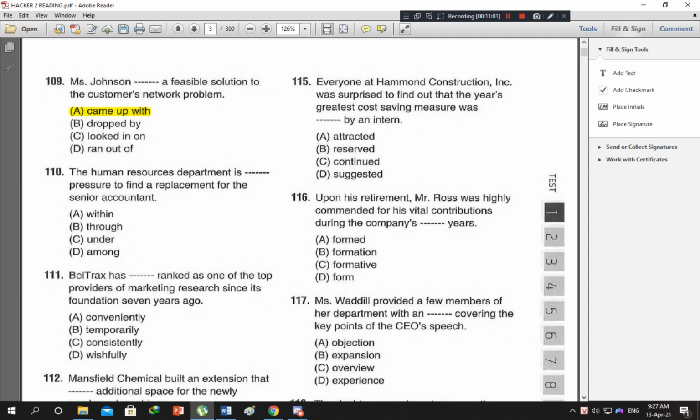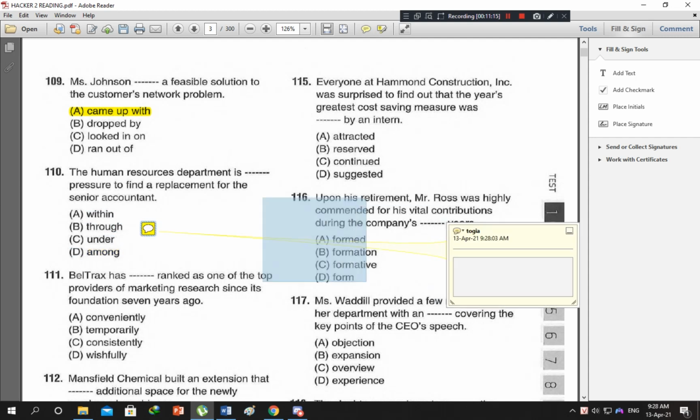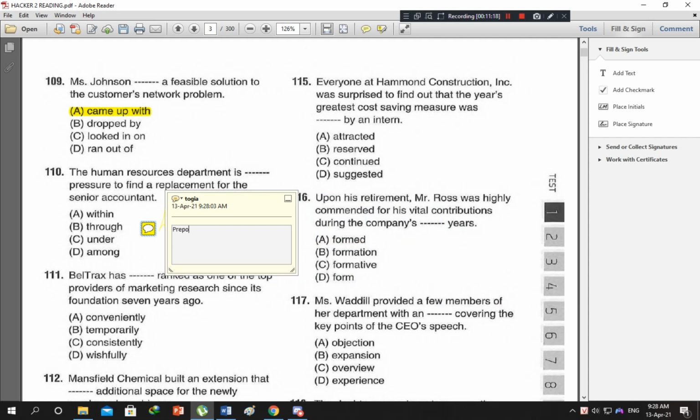110 has the choices A, B, C, D: within, through, under, and among. They are prepositions. Prepositions are a hard question. Why?